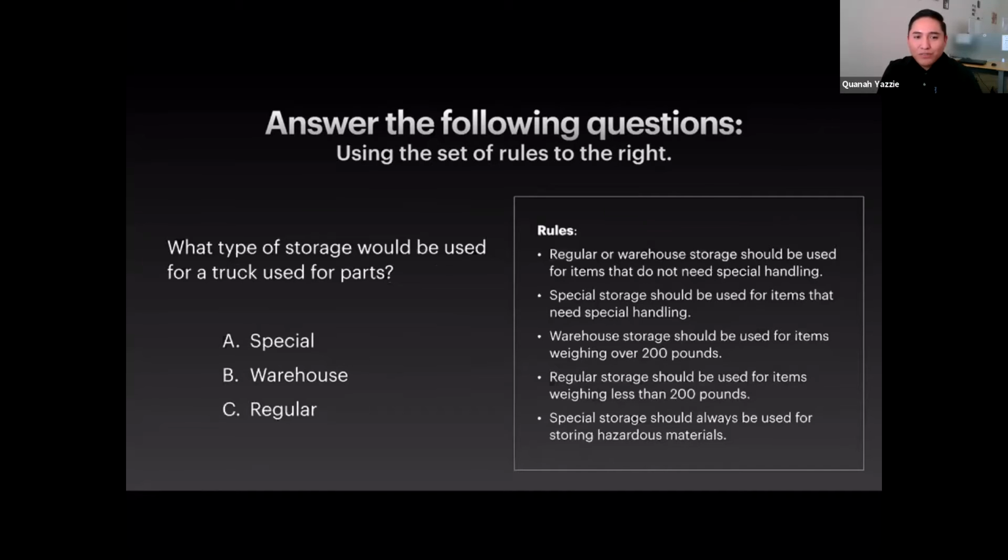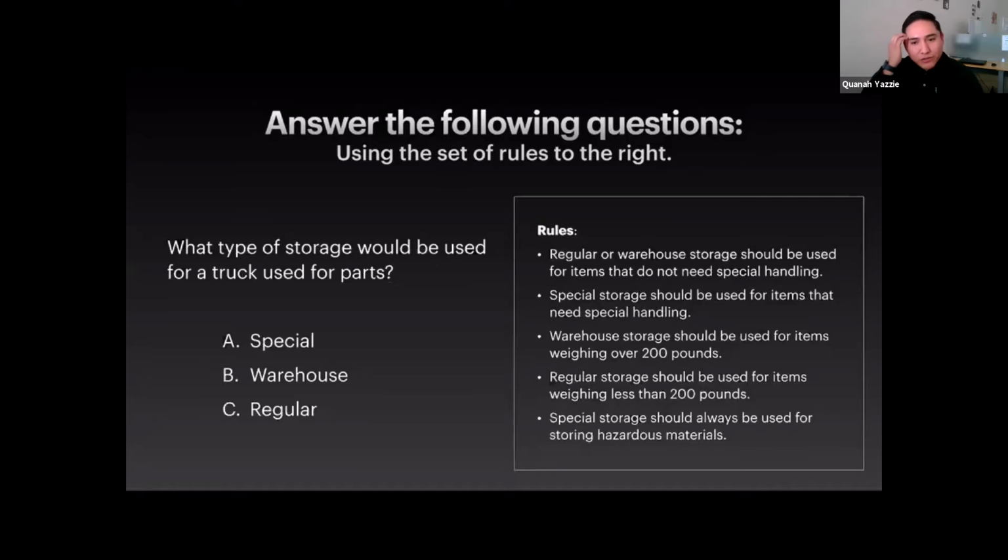Next one: what type of storage would be used for a truck used for parts? We have a C, regular storage. We have C again. All right, we have some C's coming in.